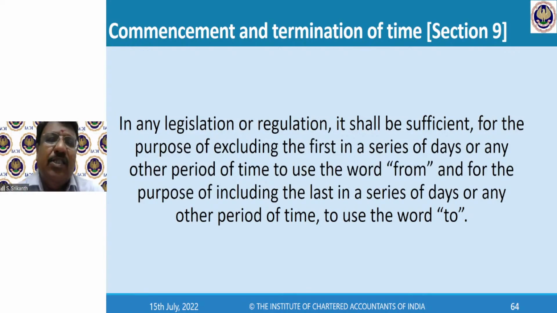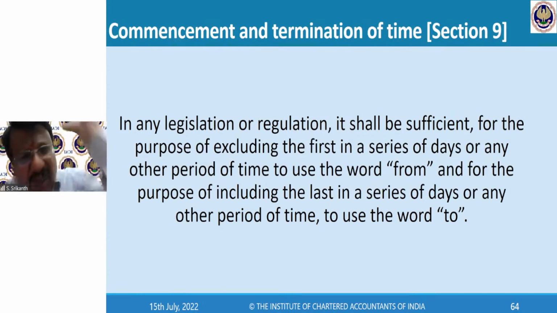In any legislation or regulation, it shall be sufficient for the purpose of excluding the first in a series of days or any other period of time to use the word from, and for the purpose of including the last in a series of days or any other period of time to use the word to. This is what we saw in clear days.